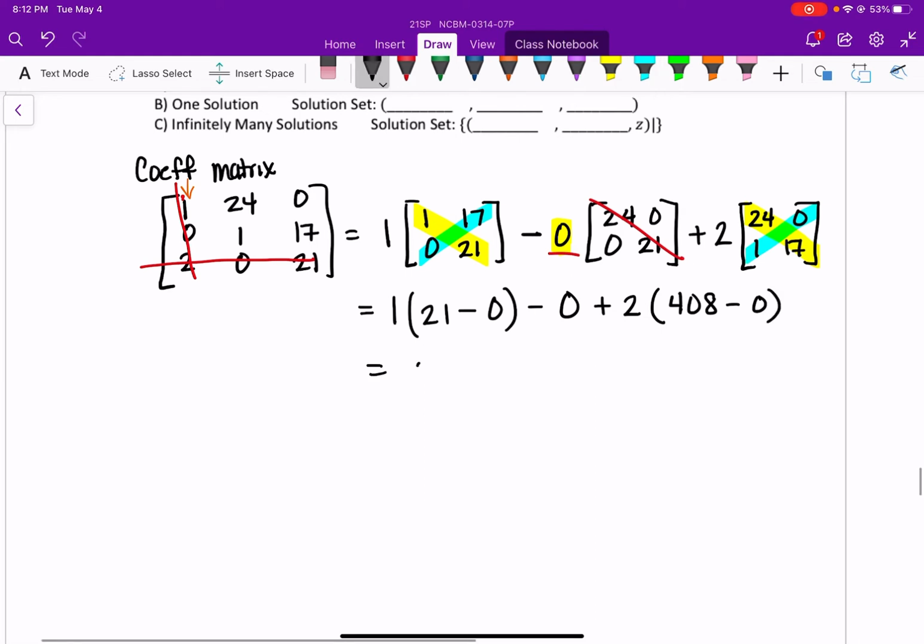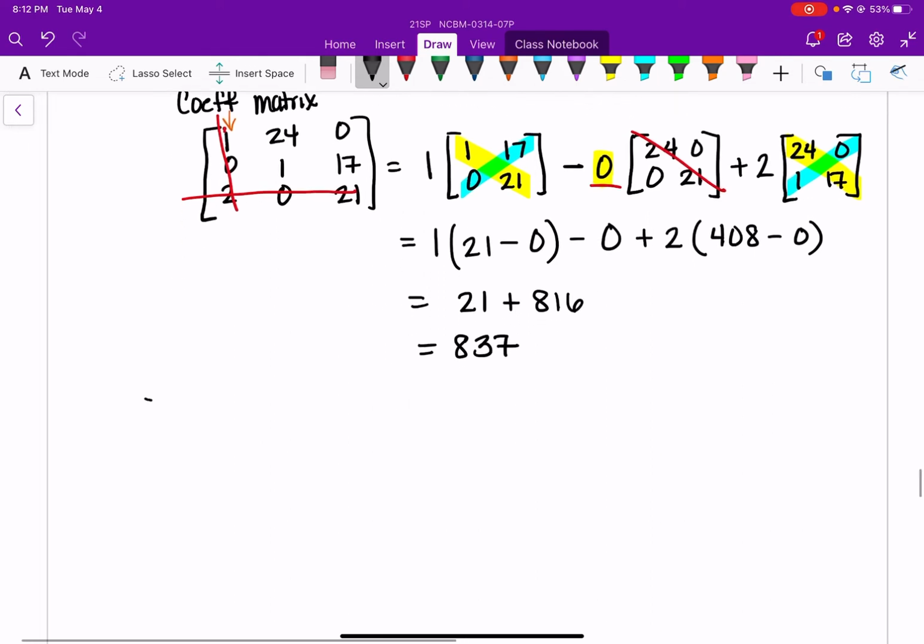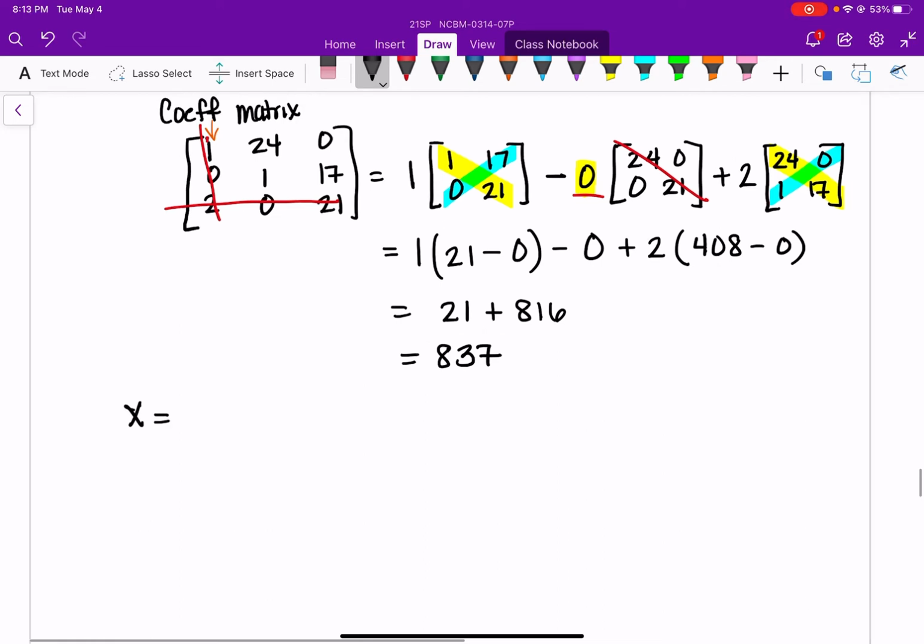So this is going to be 21 plus 816, and the bottom of our x for our Cramer's rule is going to be 837. So now to find our x, remember if I come back up here to my matrix, this guy right here is my x column, so I'm going to replace that with the answers.